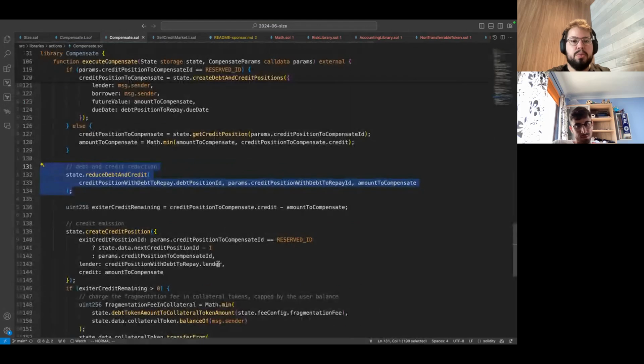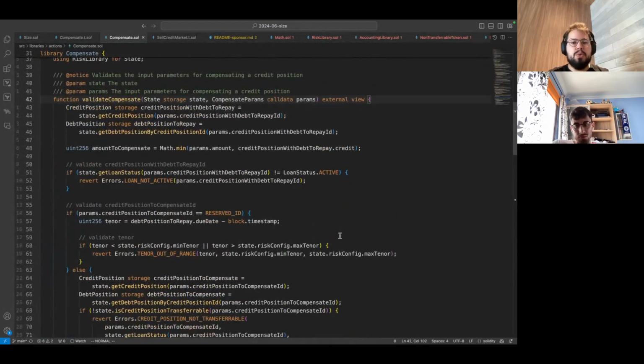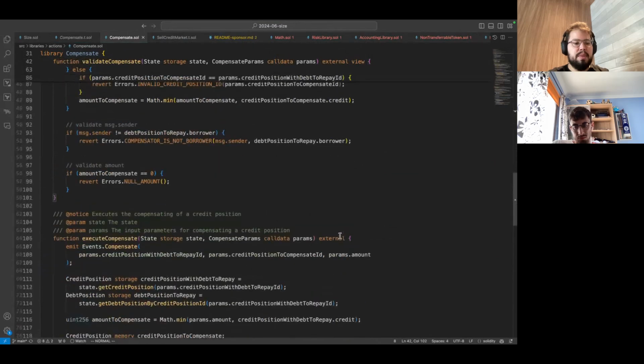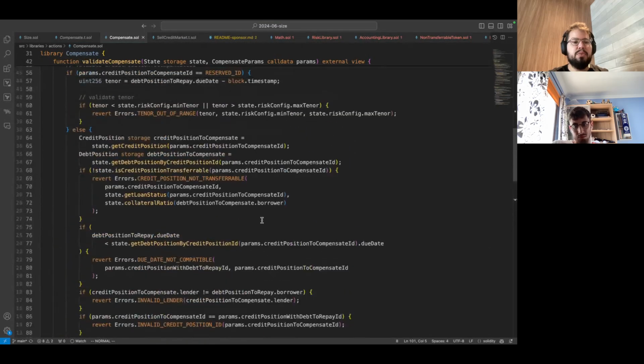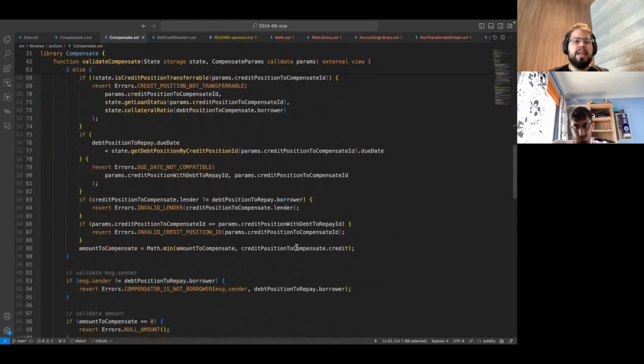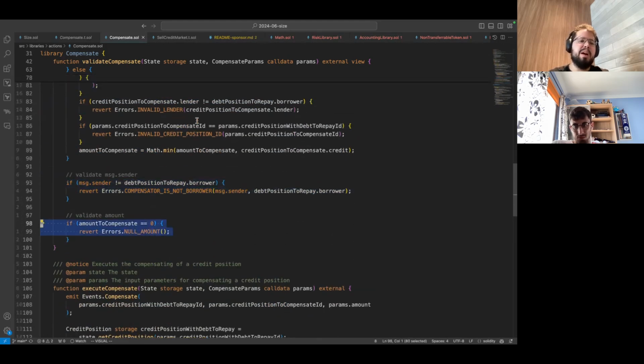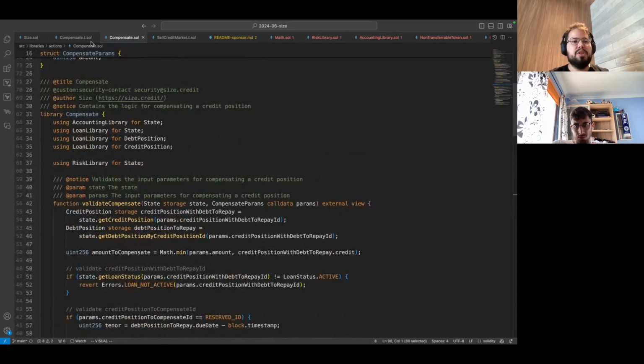So take a look at this one here. This is the debt compensation mechanism. There are like 50 lines of code for input validation. You validate the status of a loan, you validate the lender, you validate the due date, you validate the borrower, you validate the amount. So lots of input validation.